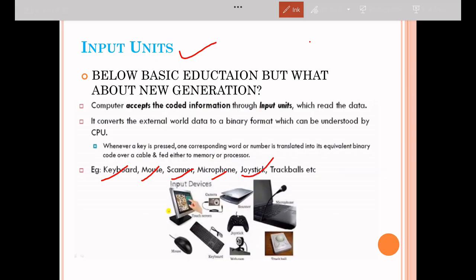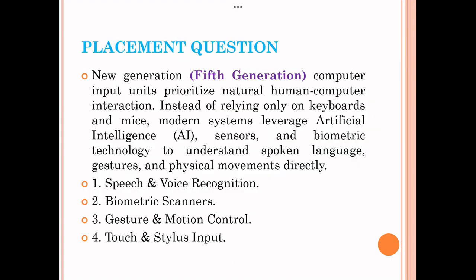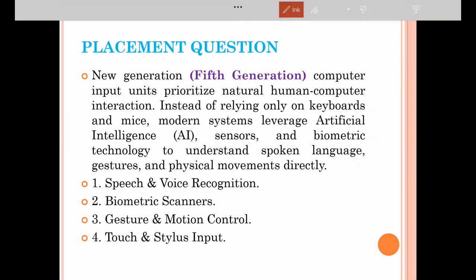Input unit means you are using a keyboard, you are pressing some alphabets, so you are giving signals. Giving a signal is called the input. This is the definition of input: giving signal. Now see here, according to artificial intelligence, what is the input unit?